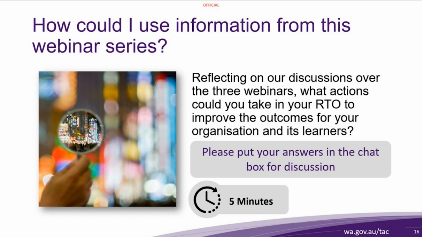So what we want you to do is to reflect on the discussions over the 3 webinars and think about what actions you could take in your RTO to improve outcomes for your organisation and its learners. And if you feel comfortable, what we want you to do is to pop those answers into the chat box. We want to give you 5 minutes to do that.